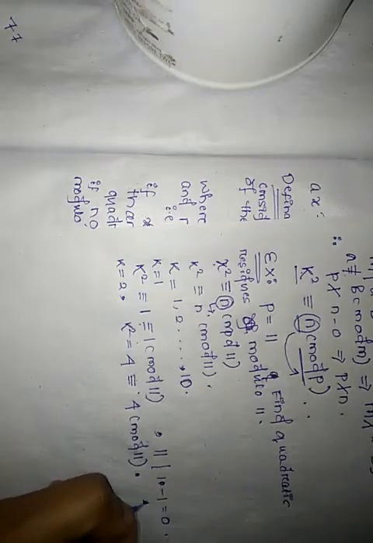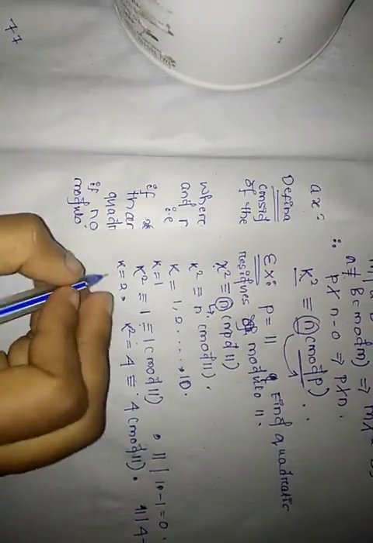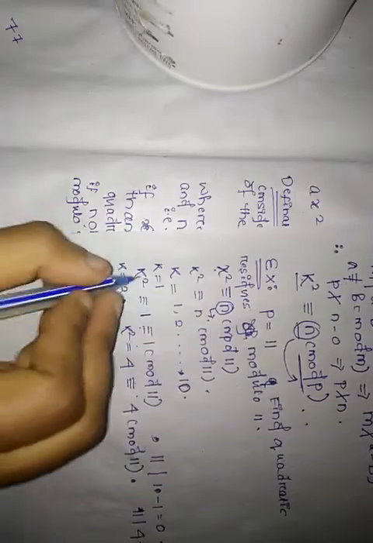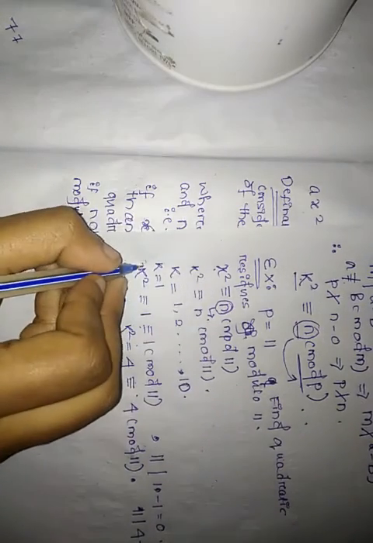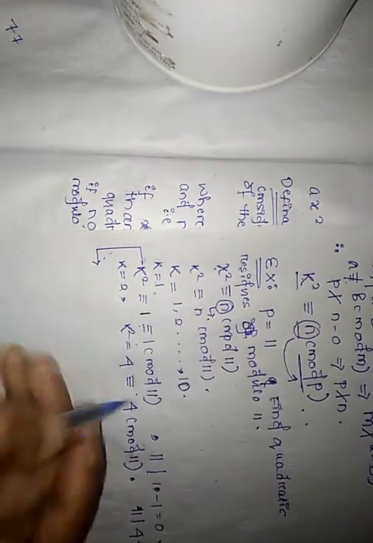Okay, and 11 divides 4 minus 4, which is equal to 0. Now from these two, we'll consider the first one, where we have taken k equal to 1.